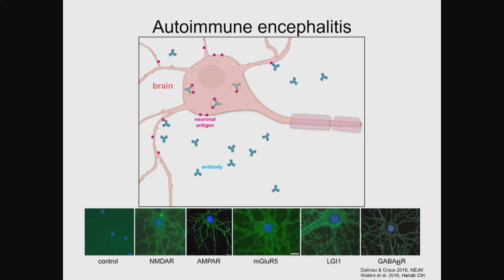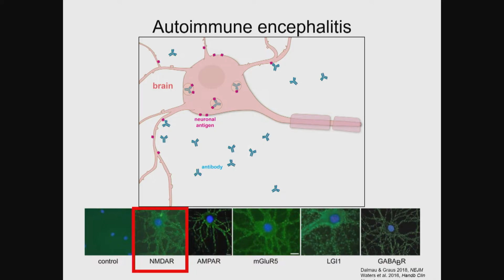So autoimmune encephalitis occurs when these antibodies recognize brain antigens, the most common of which is the NMDA receptor. Over a dozen targets have been identified, and symptoms are very varied and diverse, even within the same subclass of autoimmune encephalitis.